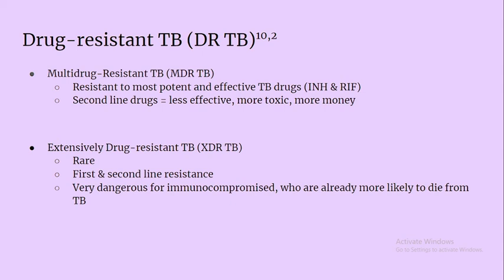This is extreme, since it's so rare and so resistant to all these drugs, it's really dangerous for someone that's immunocompromised because they're already more likely to die from TB, and now they can't be treated because they have this super rare form of TB. If you're diagnosed with either one of these, you're probably going to want to go to a TB expert.